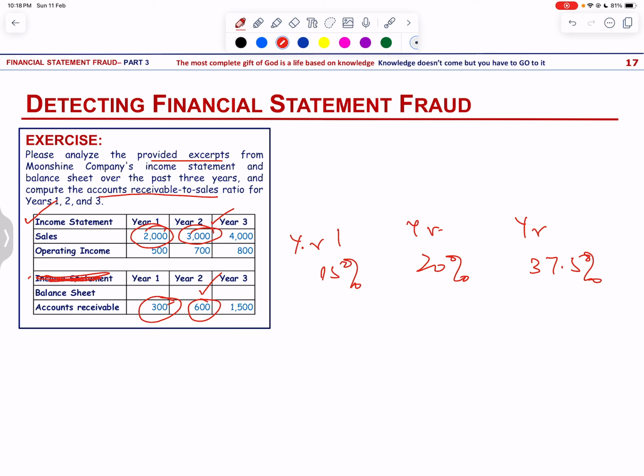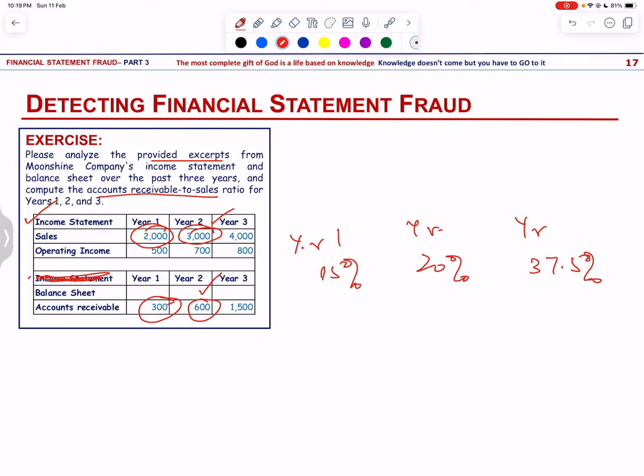Another may be fictitious sales. A significant increase in accounts receivable relative to sales might also indicate the inclusion of fictitious sales in the financial statements. In this scenario, the company records sales that have not actually occurred, artificially inflating revenue and accounts receivable balances.